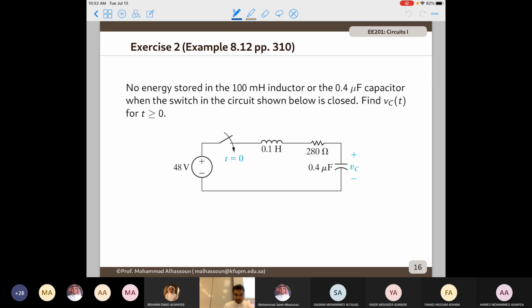So let's start: what's the standard way of solving such a problem? Hadi? Specify if it's underdamped, overdamped, or critically damped. Yes, exactly. We need to characterize or categorize the response.